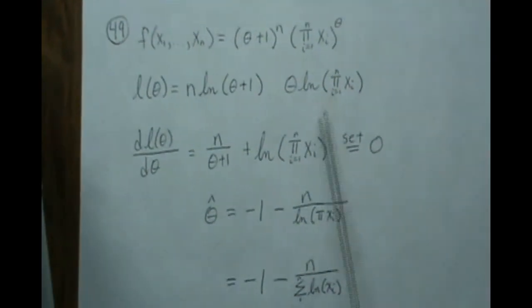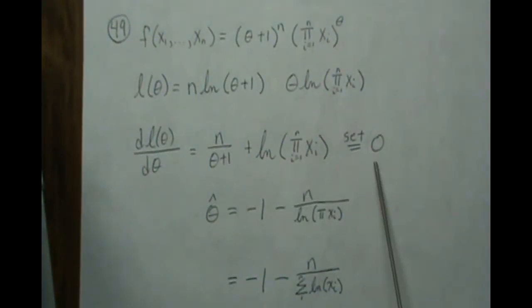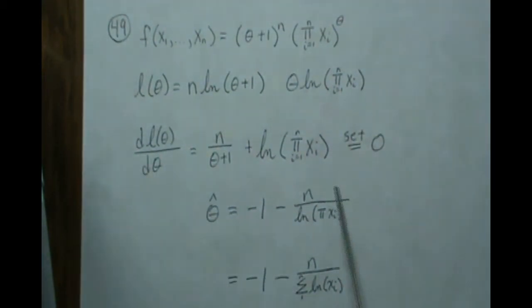Derivative of theta is just the log of this. We set it equal to 0. And a quick solve, we get this, but it's not one of the answers. And so you have to know that the log of the product of numbers is the same as the sum of the log of those numbers. And then this is the answer.